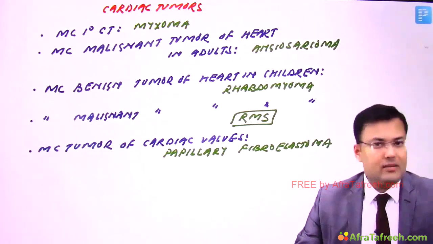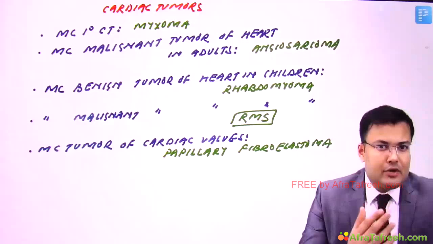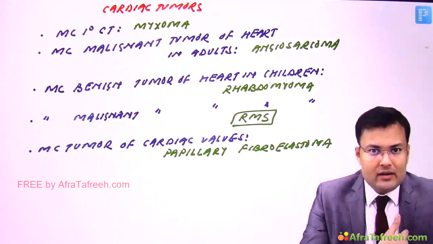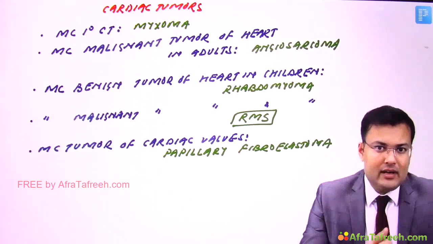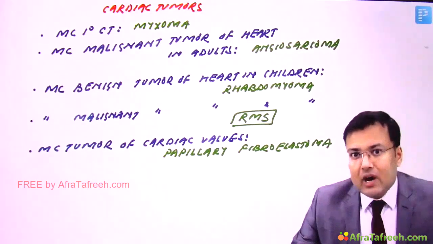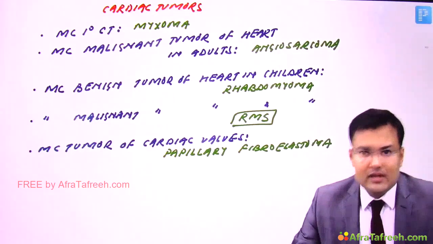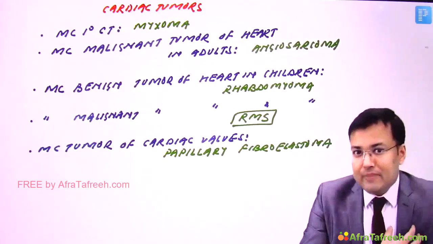Now see, we discussed metastasis to heart. What is the most common primary responsible for metastasis to heart? In males it is carcinoma lung, and in females it is carcinoma breast. Whenever there is metastasis to heart, what is the most common site of involvement? Generally there is involvement of pericardium.